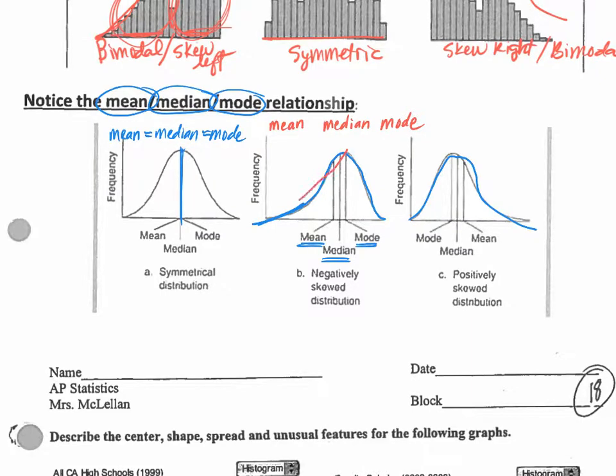If you have a skewed left, think of putting an inequality layered over that. So skewed left points to the left. And so that means that if you put that inequality in between those two, then the mean is less than the median. And that value is less than the mode. So that's the relationship for a skewed left distribution.